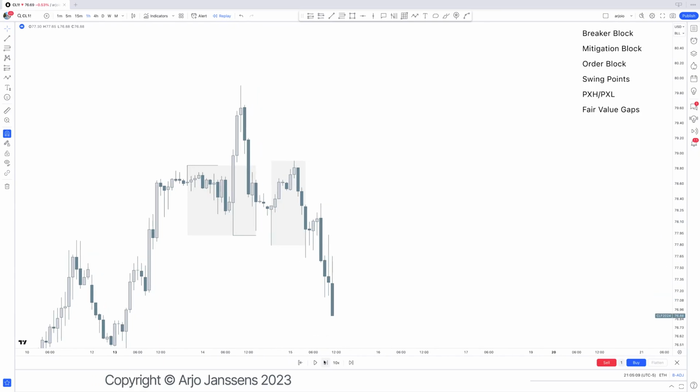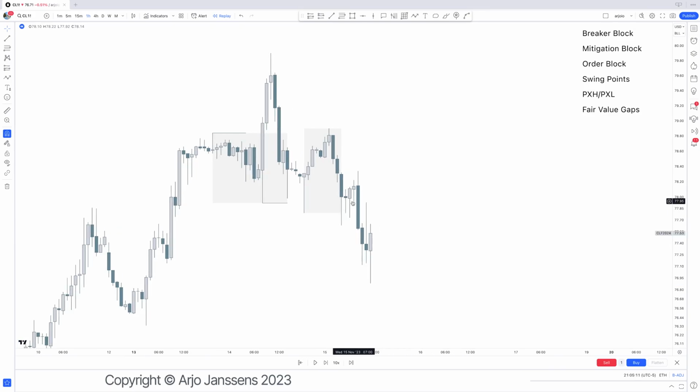Well, if we skip price a little bit, then we see these two up candles that we have right there. That is not a mitigation block. Why not? Because it's two consecutive up candles. If there was a down candle in between those up candles, that low would have been considered a mitigation block instead of an order block.